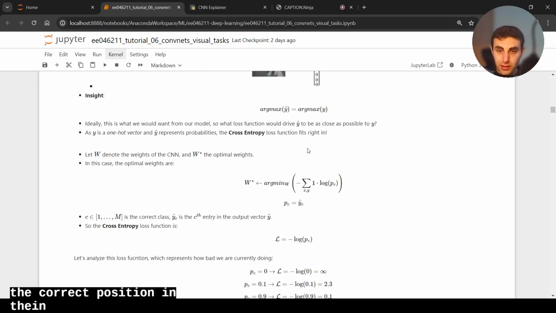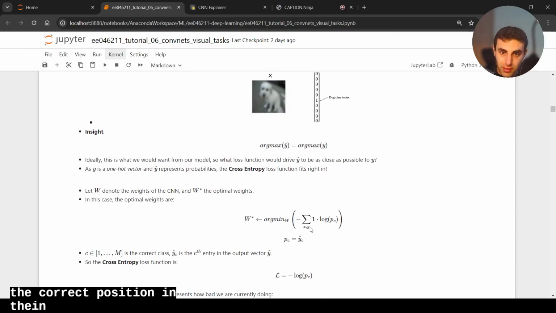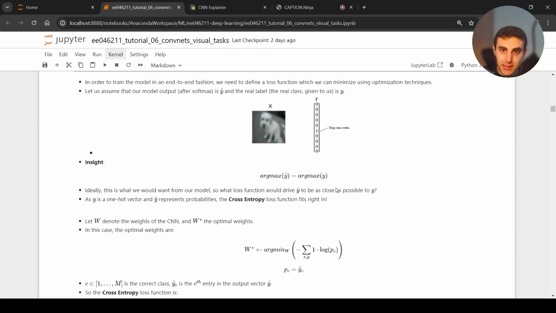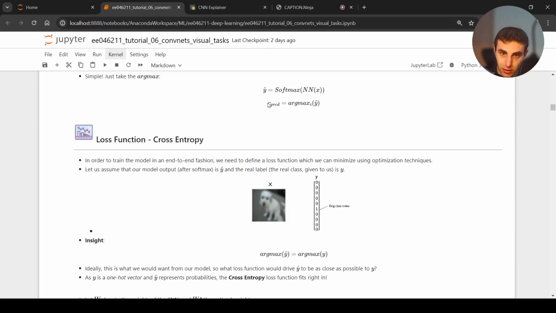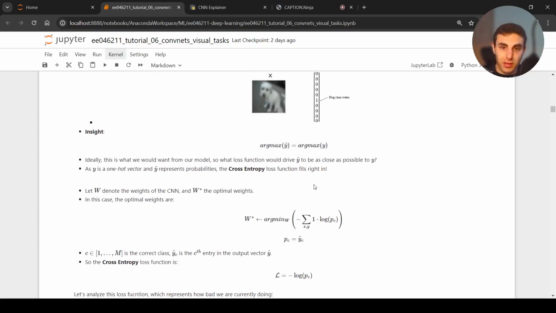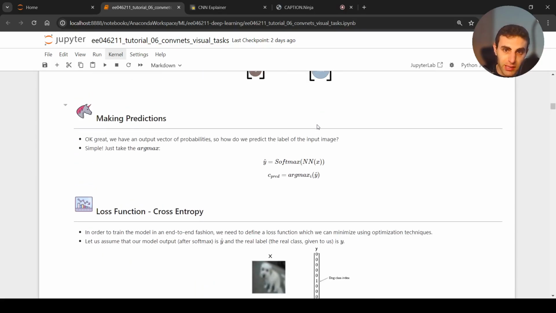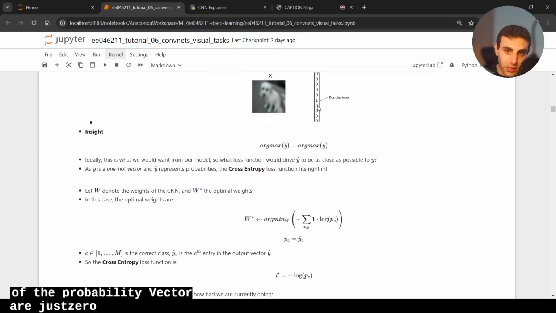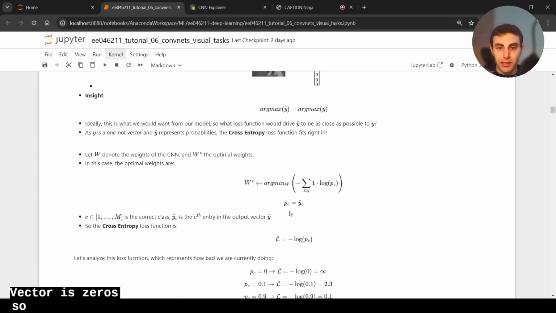The 1 is from the ground truth, the original y, and PC is the output of our network, our y hat. The reason we only have this one cell is because the other cells of the probability vector are multiplied by zeros, since the ground truth vector is zeros. Ideally, we would want PC equal to y hat c.